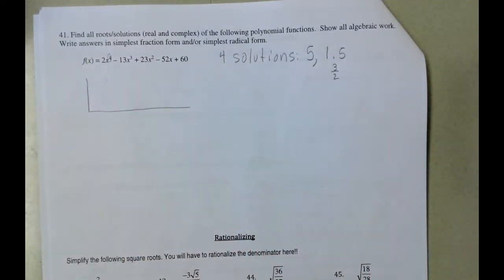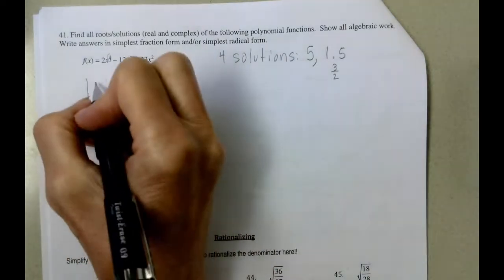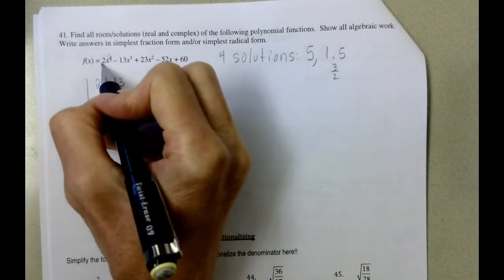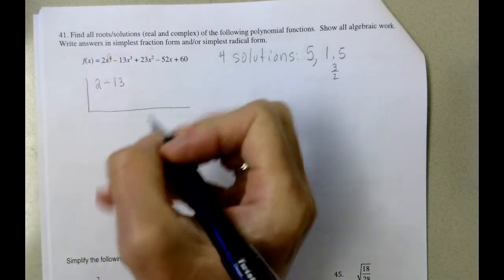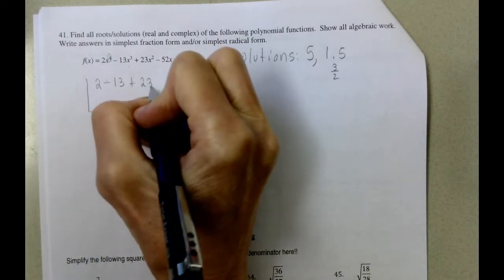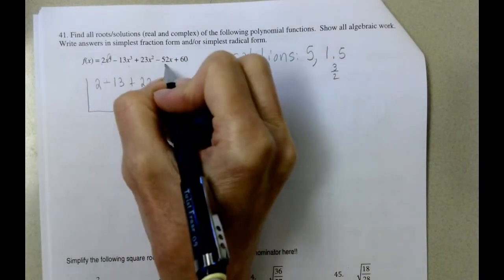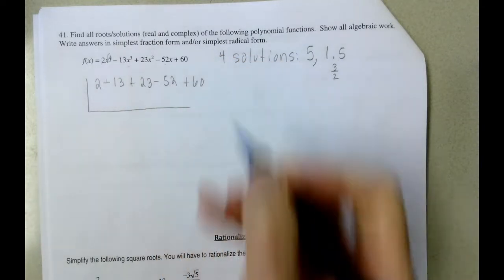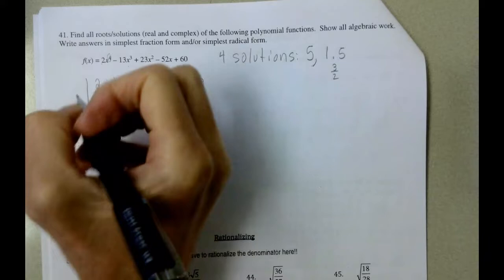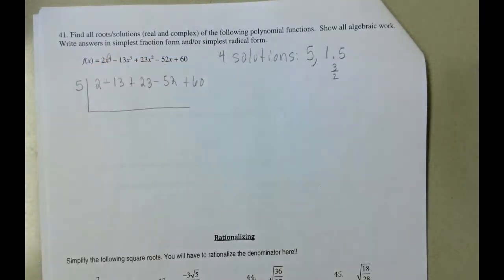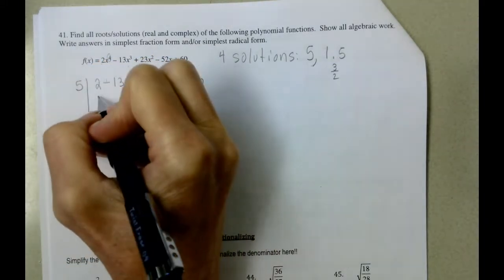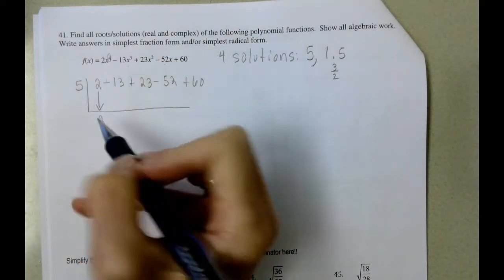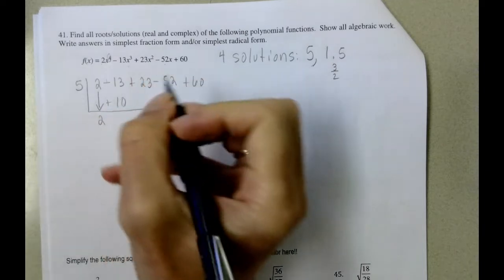we're going to set up our synthetic division. So 2, minus 13, notice the 2 is in front of the x to the 4th. The minus 13 is in front of the x cubed, plus 23, minus 52, the value in front of x, plus 60. And one of our solutions here is 5. So we're going to use the 5, and carry down the 2. 5 times 2 is 10.